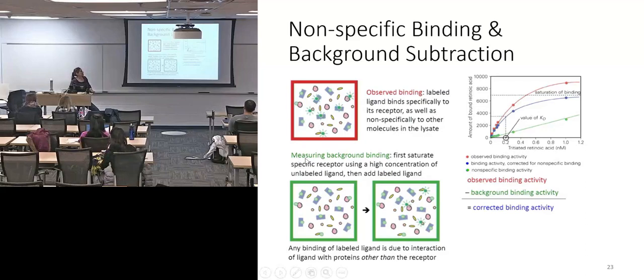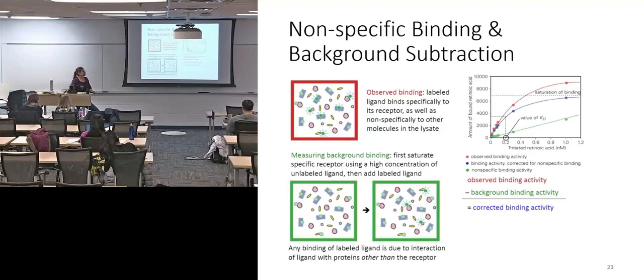So then you also need to get rid of all your background binding. And so what you want to do with the background curve is saturate the receptor that's specific. So saturate the retinoic acid receptor with a really, really high concentration of unlabeled ligand. So put your untagged retinoic acid in at a high concentration, usually 100 times what you expect to need. Make sure you saturate all the retinoic acid binding sites first.